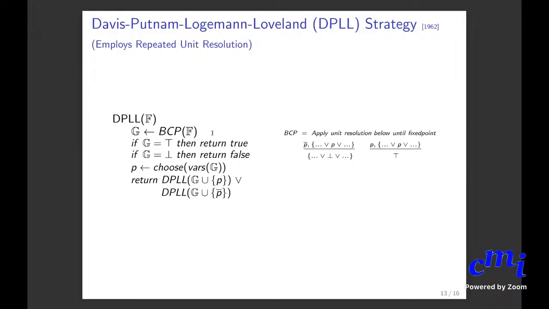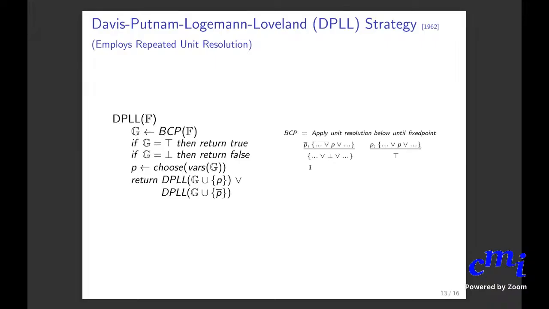And that's what BCP does here. Given any formula, if the formula has one or more unit clauses, it applies this unit resolution, which is effectively plugging the assignment that makes that unit literal true into the rest of the clauses, to simplify all the clauses.